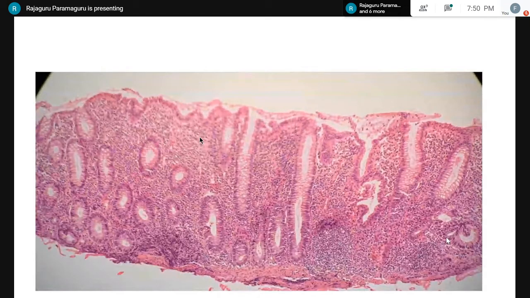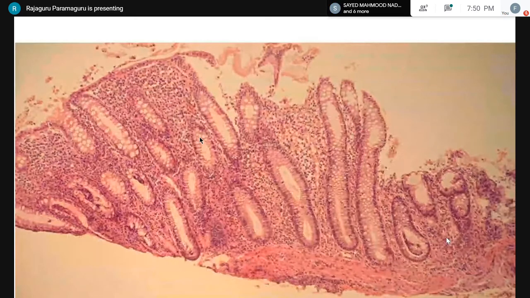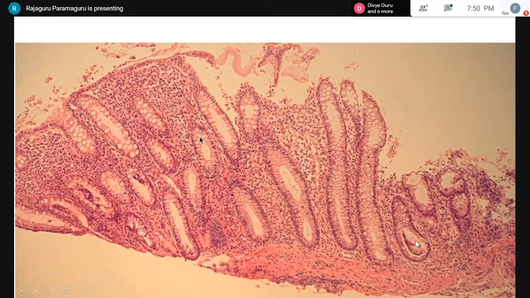One was showing this kind of changes, and the other showed these changes, where you see that the inflammation was not markedly increased compared to that particular fragment, and the architecture is more or less maintained, though there is some amount of distortion, but more or less preserved.